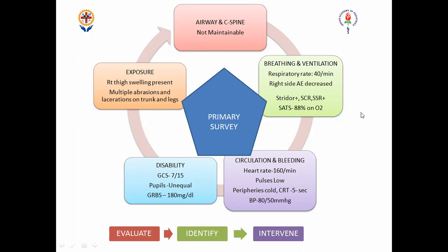Okay, we'll move on. Disability wise, GCS is 7, sir, so it is an indication for intubation. What is the problem here? Intracranial bleed, so cerebral dysfunction.